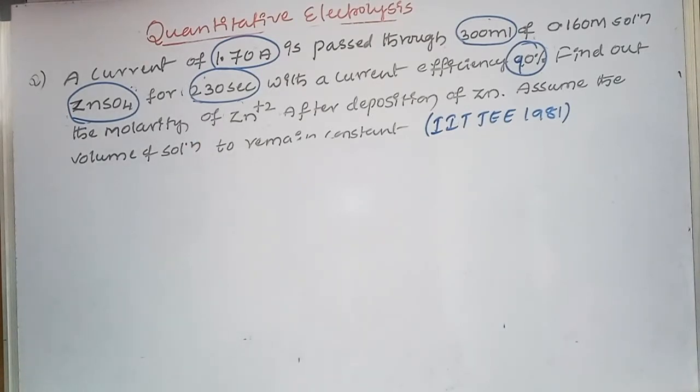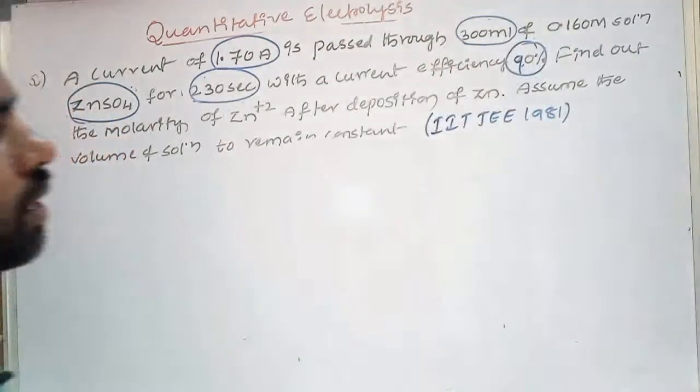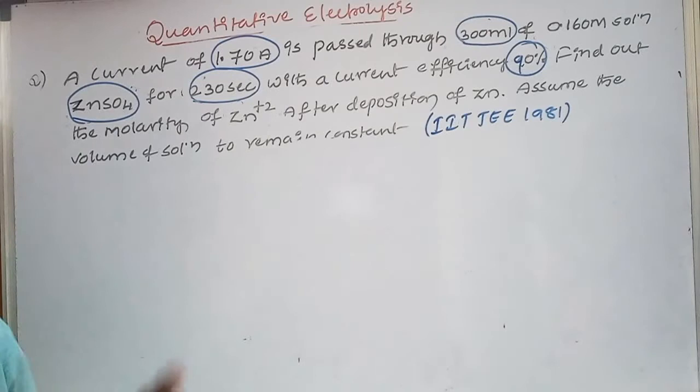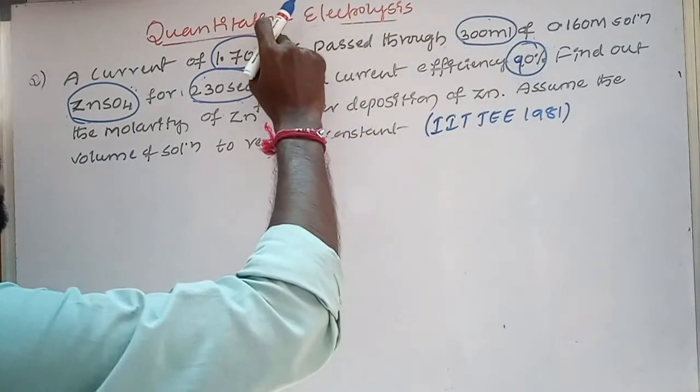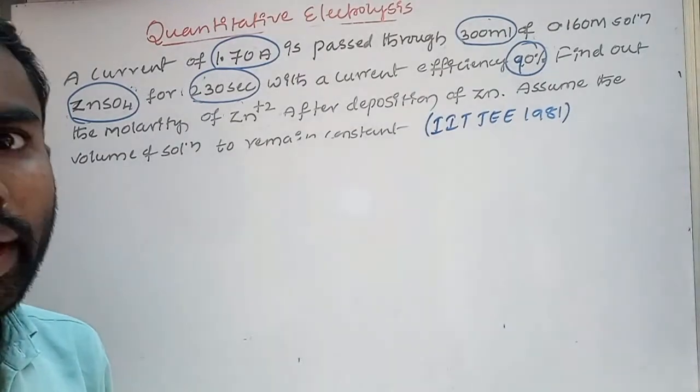First, with the help of this volume and molarity, we need to calculate the initial weight of the Zn+2 in the solution. Next, with the help of current efficiency, ampere and time, we need to calculate how much weight of substance is deposited on the electrode.